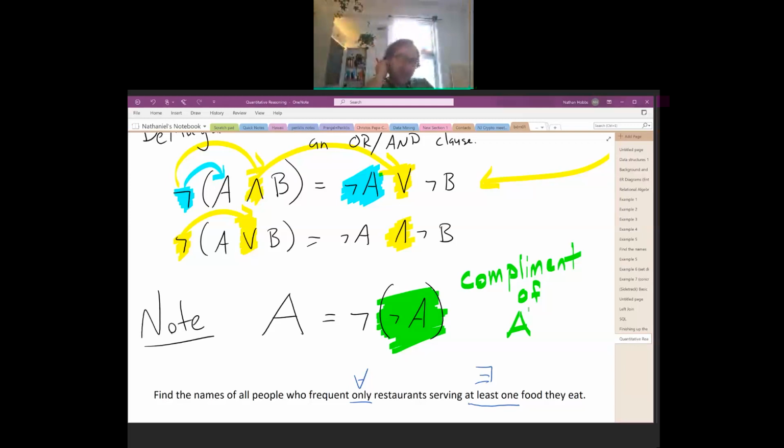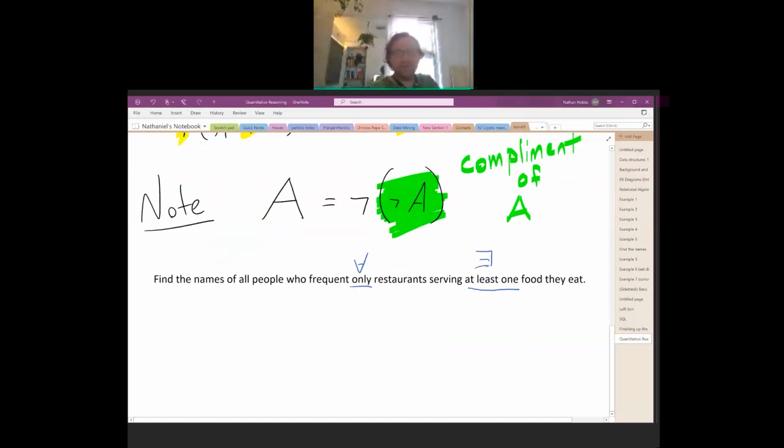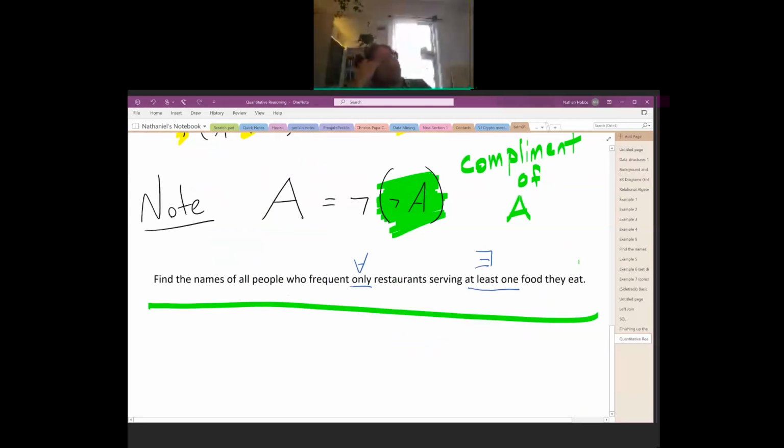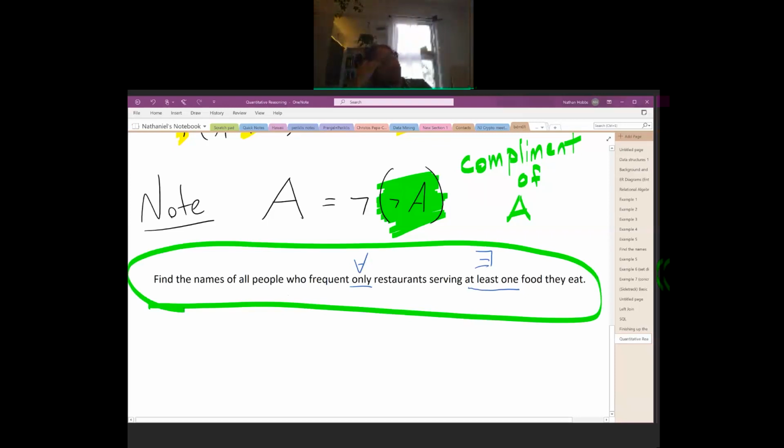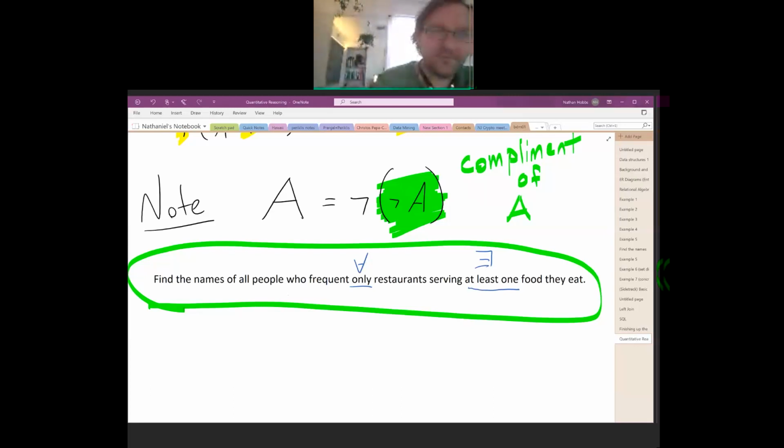Now, there is a problem with the way that this is phrased and the way that database management systems process queries.